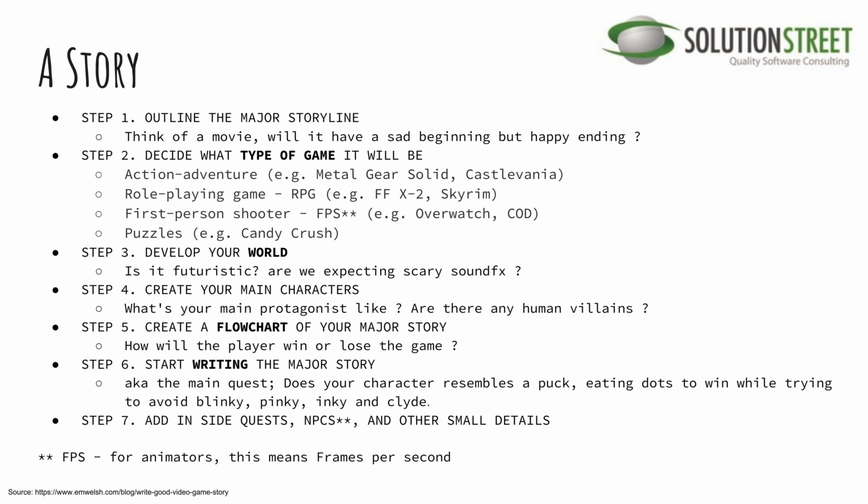So once we've decided the type of game and the story outline, we'll go now to develop the world. So what is the world of the game? Is it futuristic? Is it post-apocalyptic? Are we going to have scary sound effects? Basically, you have to think about how you want to present the game to someone.